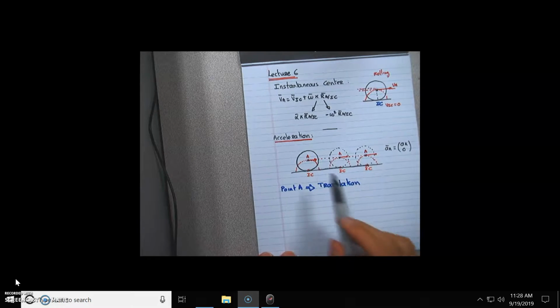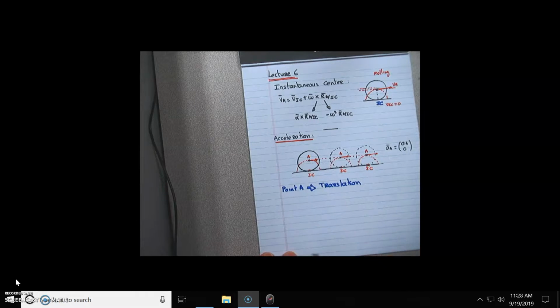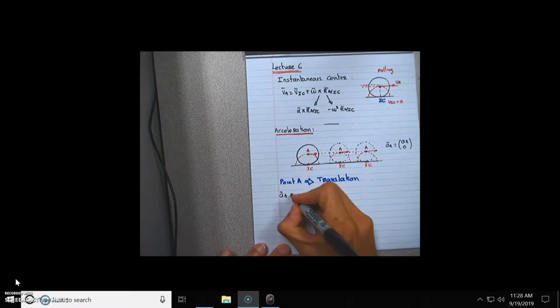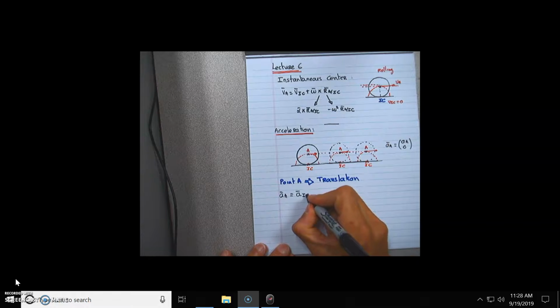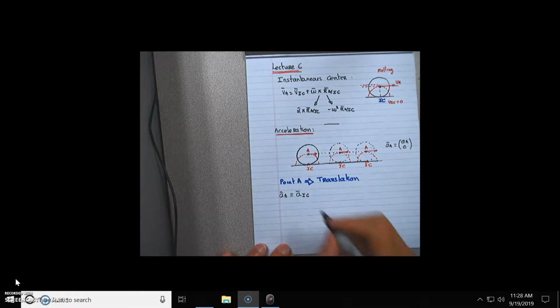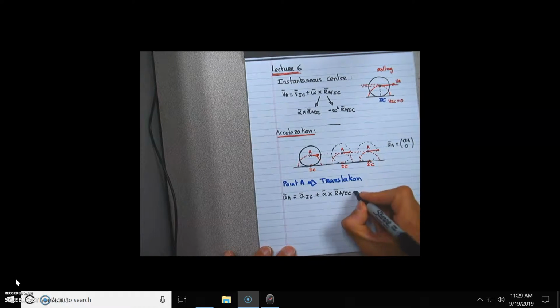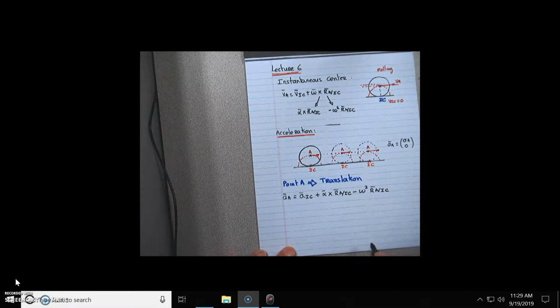So what happens if we calculate the acceleration of point A from the instantaneous center? So what will be the equation? Acceleration of A from the instantaneous center will be equal to what? Acceleration of the instantaneous center plus alpha cross r of A with respect to the instantaneous center minus omega squared r of A with respect to the instantaneous center.